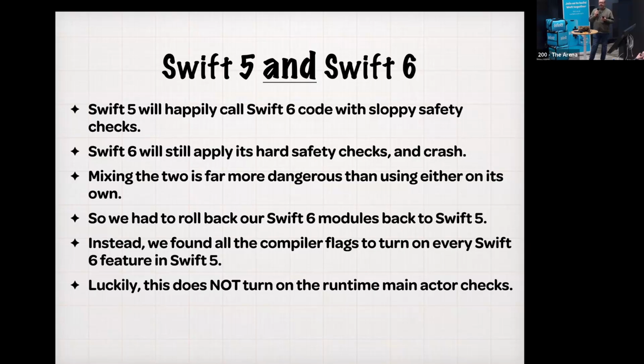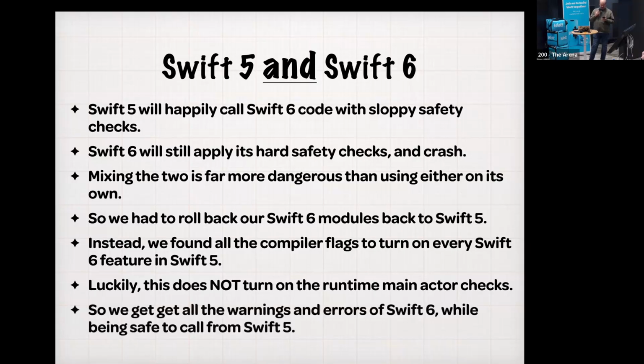So that one piece is still missing, but all the other stuff is enabled. So basically, we get all the warnings, we get all the errors that we would have to fix in Swift 6, but we're still in Swift 5. So we can actually fix all of the code now without introducing the new crashes.